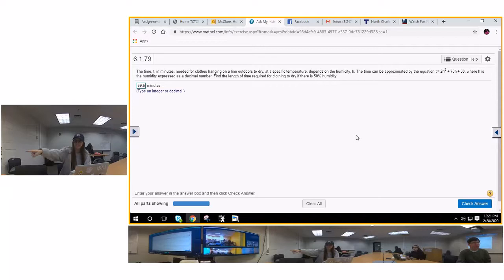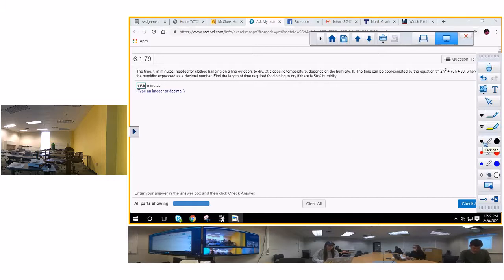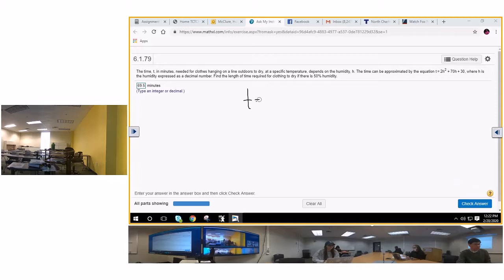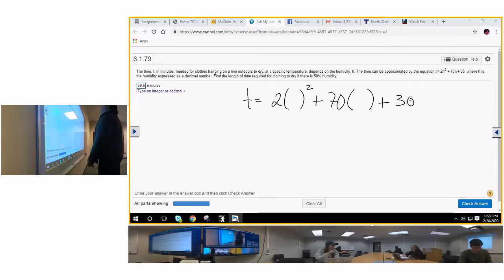So what do we do on this one? Plug and chug. So T is equal to 2 parentheses squared plus 70 parentheses plus 30. And then we're going to punch in 0.5.